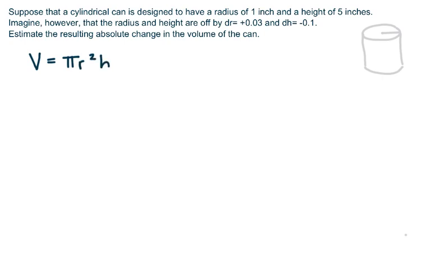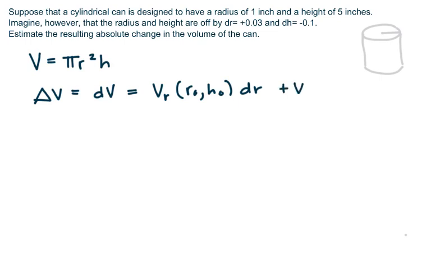Now, for us to calculate this differential, it's not a function of f, it's a function of v. So my differential for v is going to be the partial of v with respect to each of my independent variables. The partial of v with respect to r at some point r naught, h naught, times dr, which is given, plus the partial derivative with respect to h at r naught, h naught, times dh.